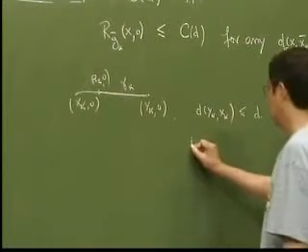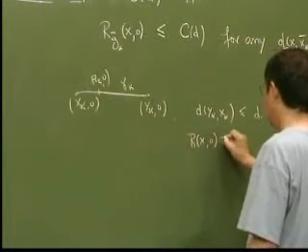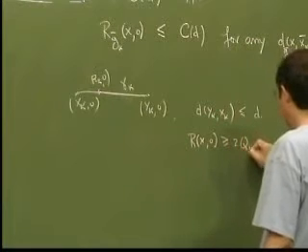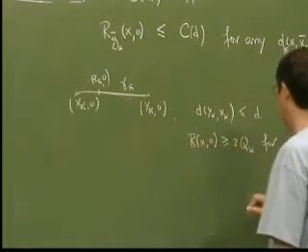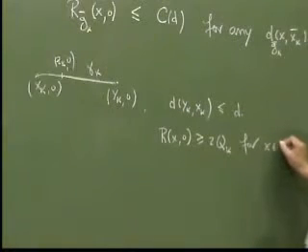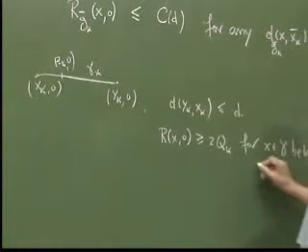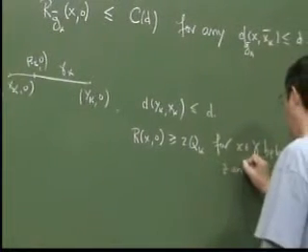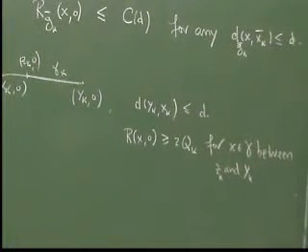So the curvature at x is always bigger than 2q_k for any x in gamma between z and y.